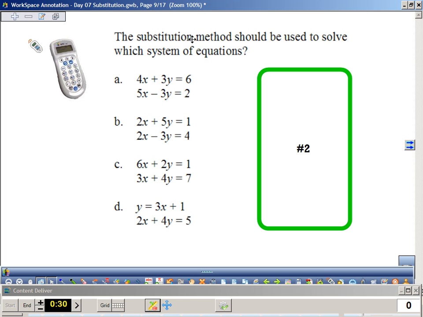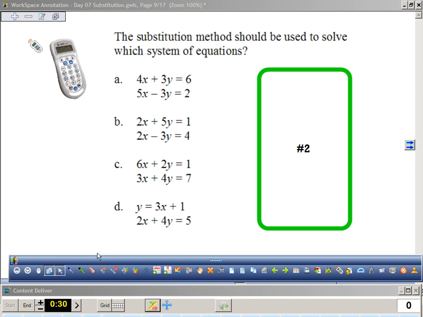Okay. The substitution method should be used to solve which system of equations? Which one of these would you use for substitution? Put it into your clicker, please. I'll give you 20 seconds. Make a decision.